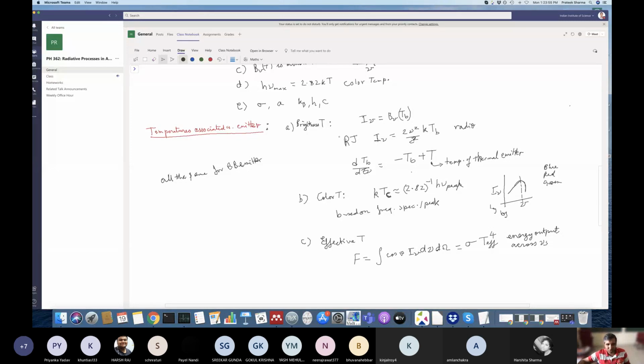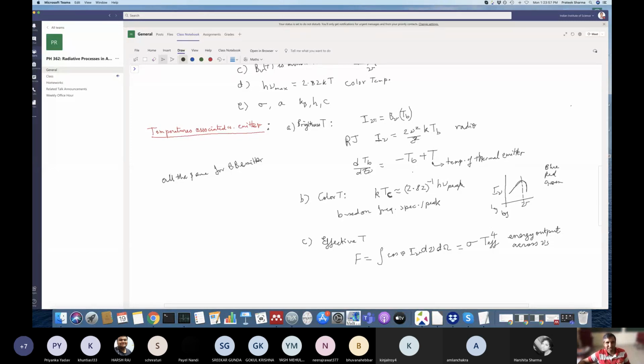This is more astronomy, more like jargon in some sense. If you read some literature on stars, you may come across color temperature. If you look at 21 centimeter radiation transfer, epoch of reionization and so on, you will see a lot of this equation.